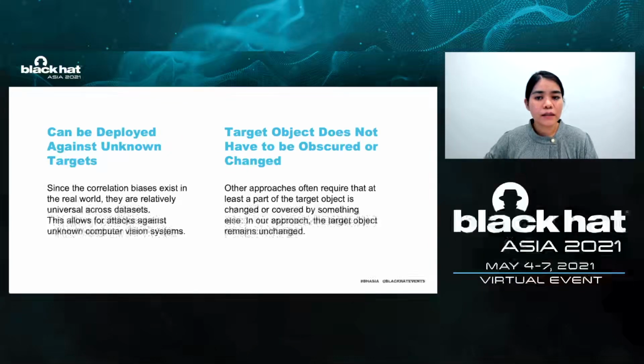And the third benefit is that it can be deployed against unknown targets. So even the black box space. Since the correlation bias exists in the real world, they are relatively universal across several different data sets. This allows for attack against unknown computer vision systems.